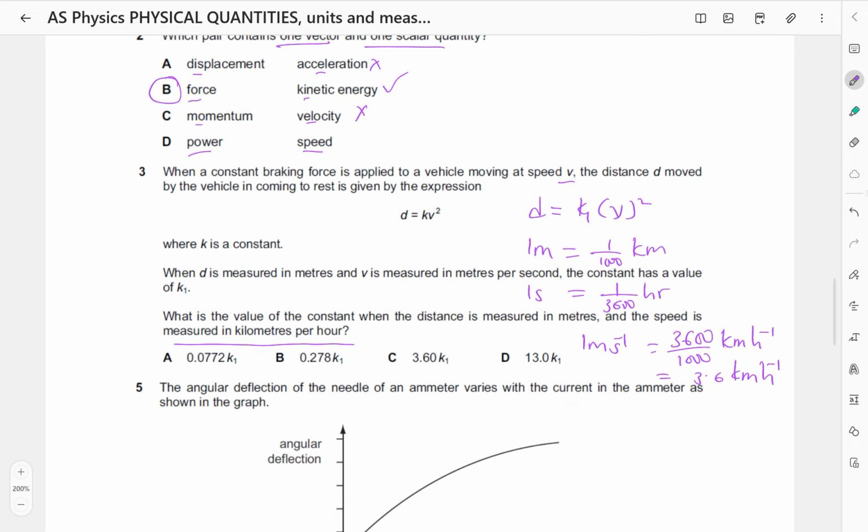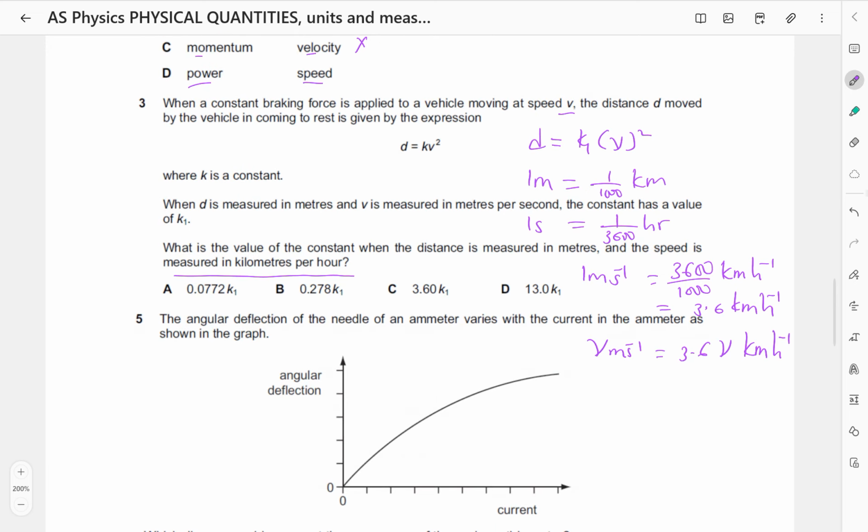So if 1 meter per second is 3.6 kilometers per hour, then v in meters per second will be 3.6 times v in kilometers per hour.